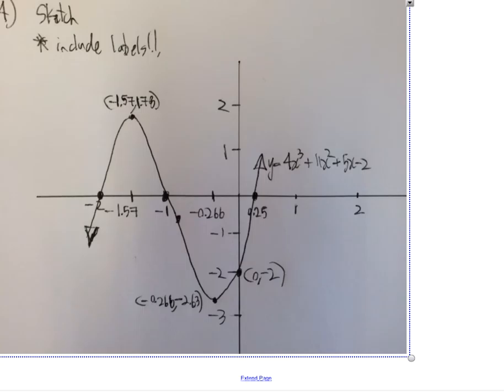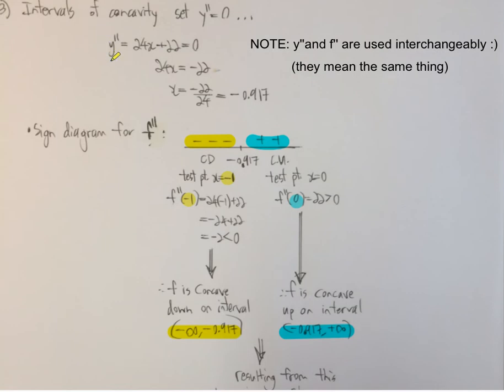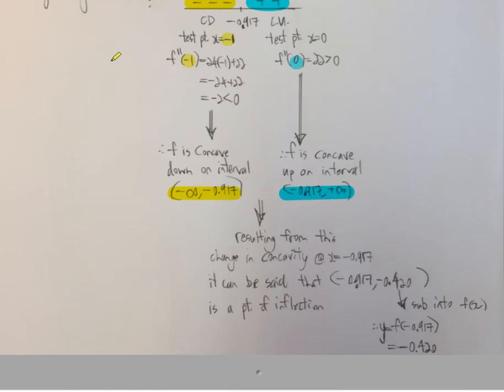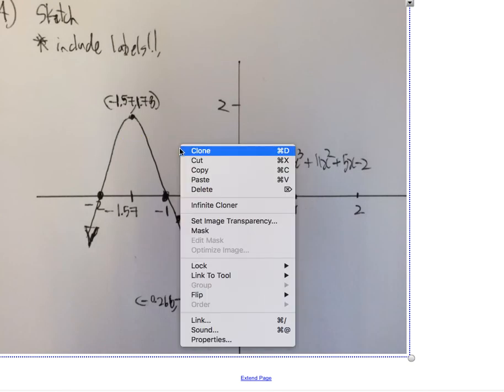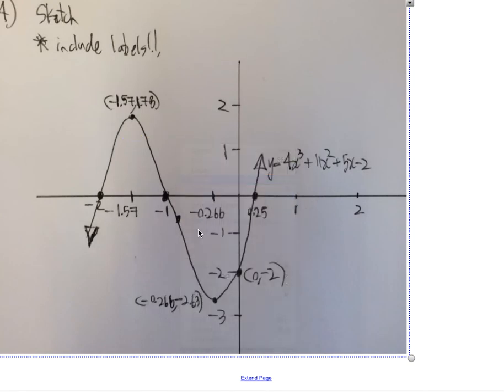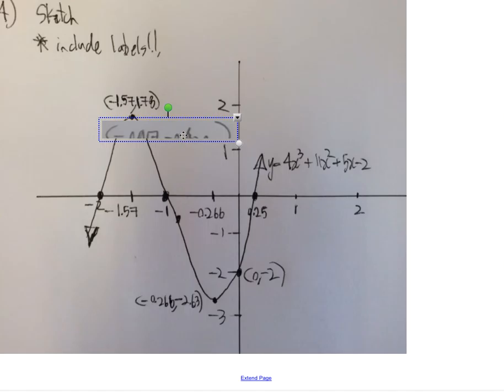So moving ahead, now we take the local max, our local min, our change in concavity location here, which probably should be labeled. So I'll just take a quick snapshot of that particular coordinate. We'll paste that in there. Oh, what happened there?